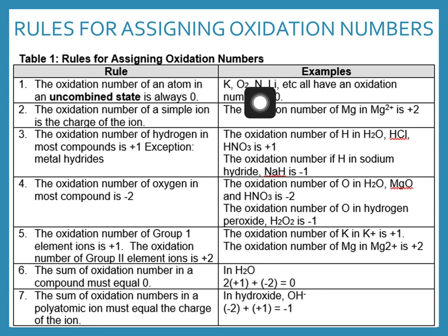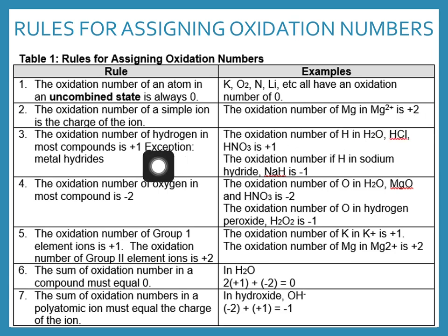So that is providing it is neutral as these are. If something is an ion, so it has actually gained or lost electrons, then the oxidation number is going to be the same as that charge. So if I have a magnesium ion that has lost 2 electrons, the oxidation number is a +2 here.